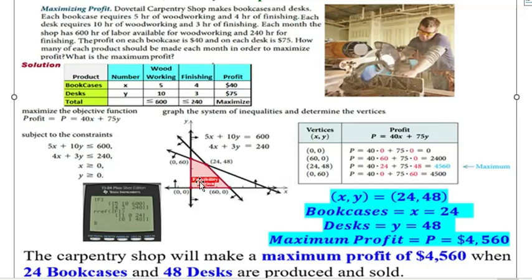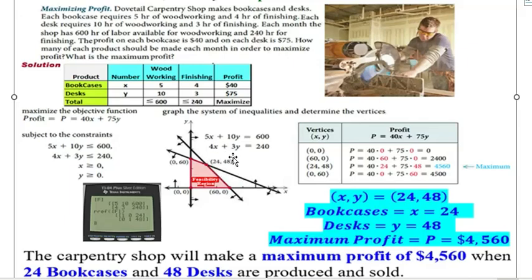Then all we have to do is evaluate the objective function, which is profit equals 40x plus 75y at the corner points at 0, 0, at 0, 60, at 60, 0, and at 24, 48.